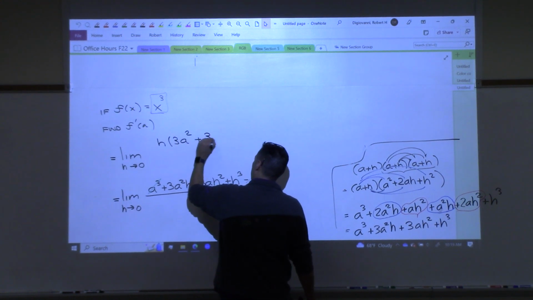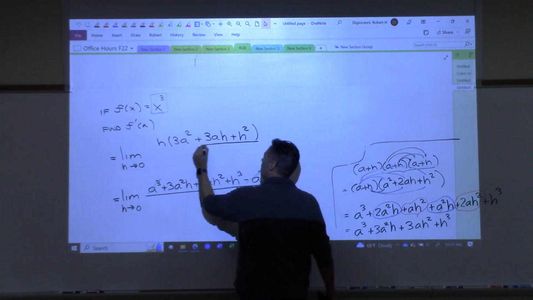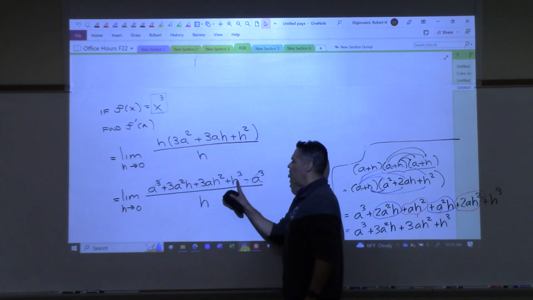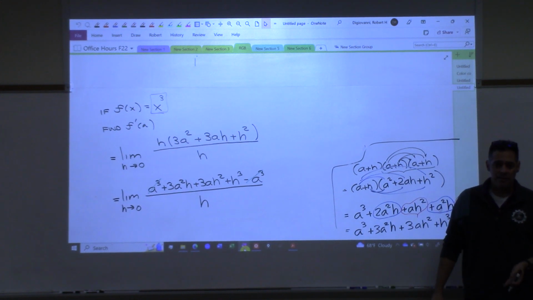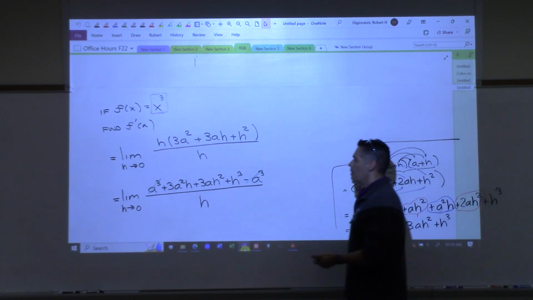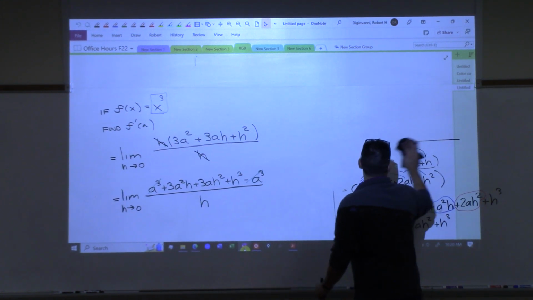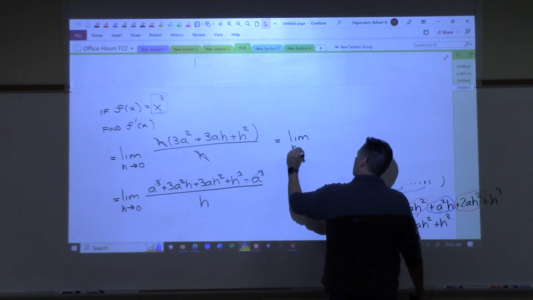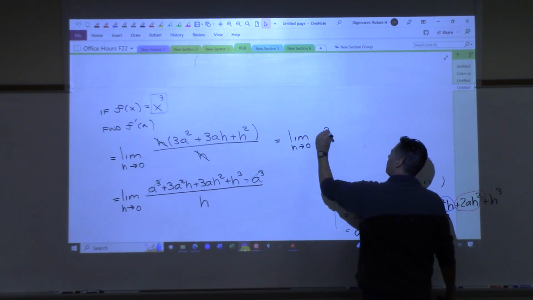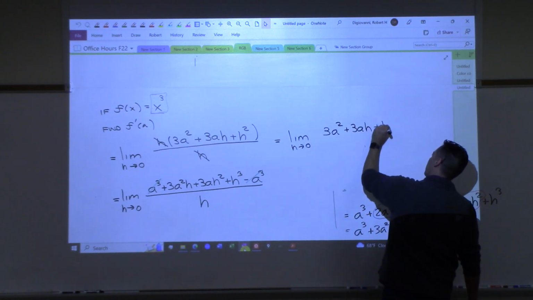I'm going to pull out just one factor of h from each piece. Just one h from each of those. And then I can cancel it, can't I? And all that's left then is limit h goes to 0 of 3a squared plus 3ah plus h squared.